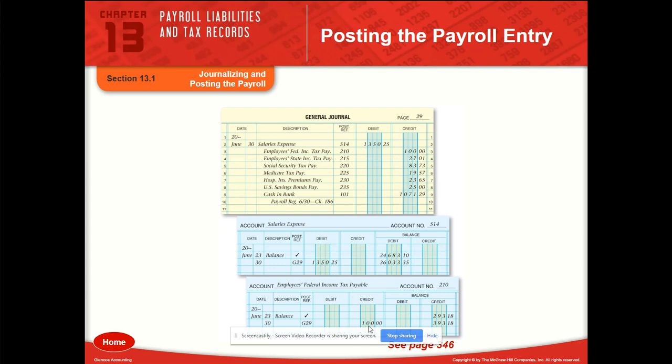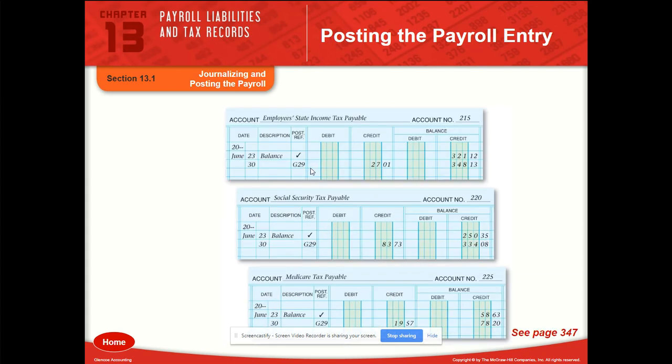And we're going to see that we have an entry of $100. This 293.18 plus the credit of $100 should now leave me 393. That should be paid out for this federal income tax payable.